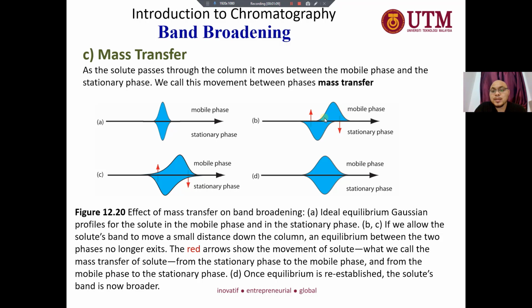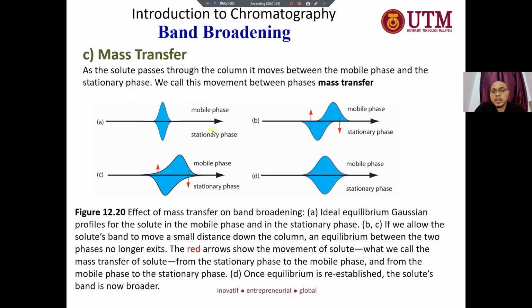When this happens, the solute from the stationary phase will try to go to the mobile phase, and the solute from the mobile phase will go to the stationary phase. When it achieves equilibrium, it will cause peak broadening.